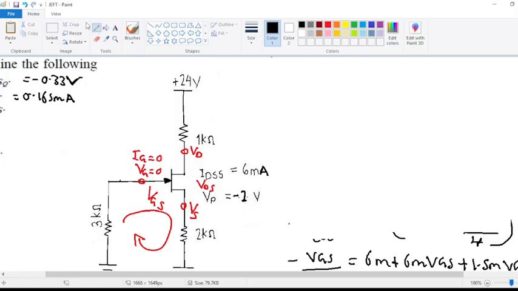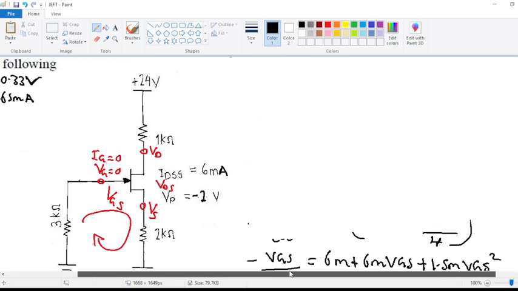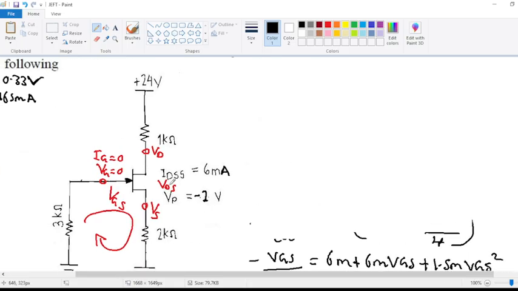We said that VDS is at this point here. The current will be moving in this direction, so we have to know the voltages. This voltage is what we call the VDD, then we have the voltage here and there. So we have to know all these voltages.